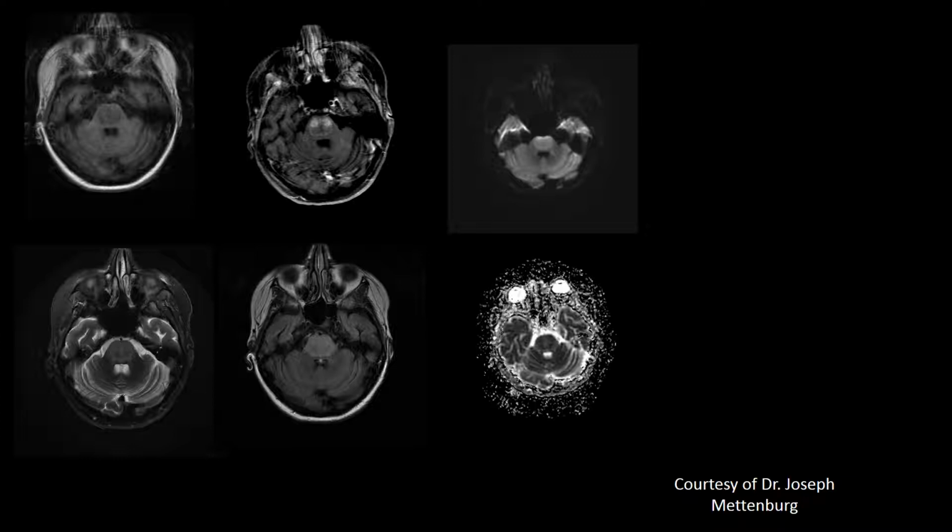What you see is T2 hyperintensity centrally within the pons with sparing of the periphery on T2-weighted imaging as well as on FLAIR imaging. You see T1 hypointensity and enhancement corresponding to active demyelination. There is some diffusion restriction in this, again corresponding to acute demyelination. So this is a great classic case of central pontine myelinolysis.